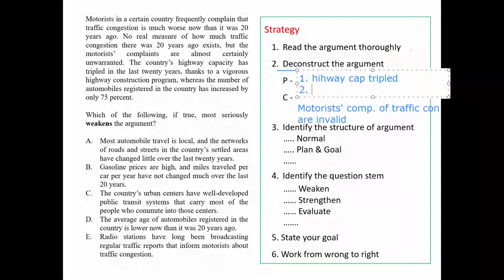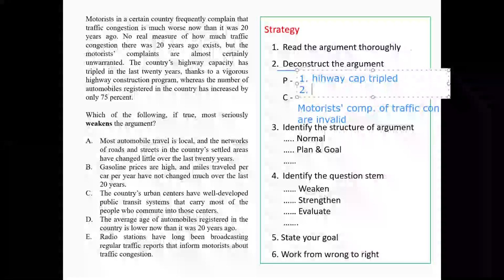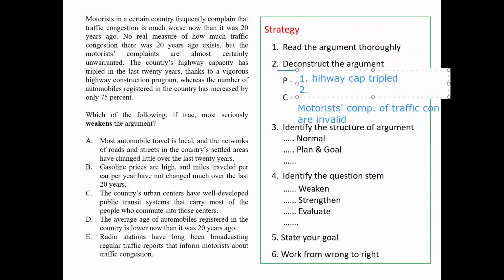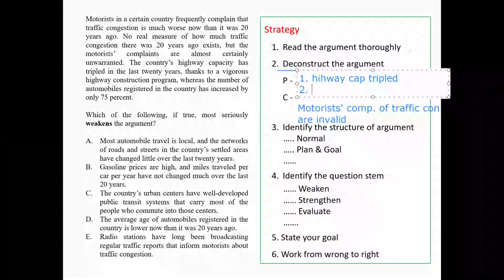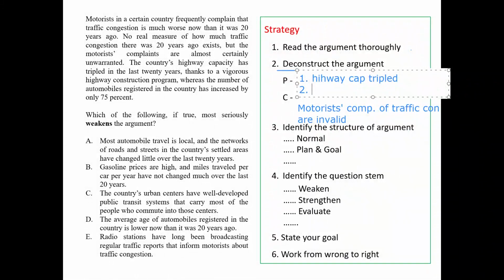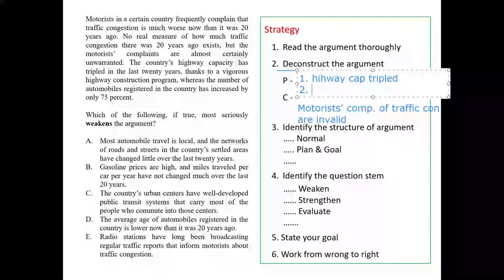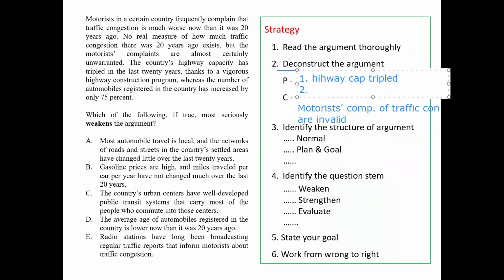And the second supporting information he gave, the number of automobiles registered in the country increased by only 75%. Generally, 75 is a very big number, but because of the word only, we have to think that the author thinks that 75 is not a big number from his point of view.